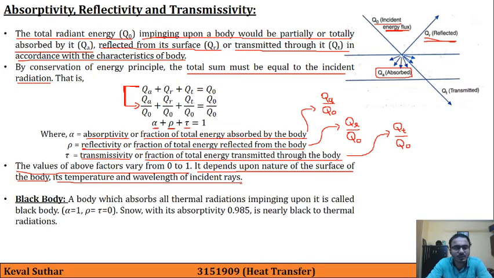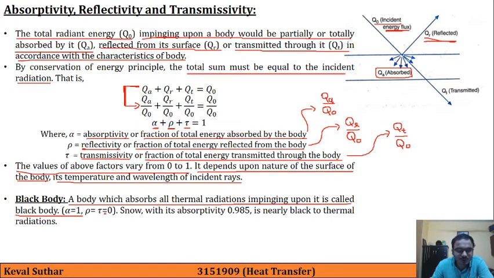Now there is one particular kind of body which is known as a black body. A body which absorbs all thermal radiations impinging upon it is known as black body. So here alpha will be 1, so everything will get absorbed, nothing will be reflected nor transmitted.